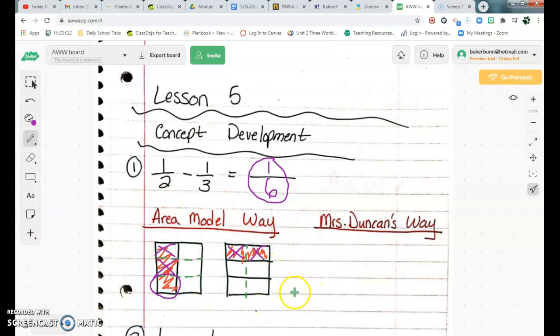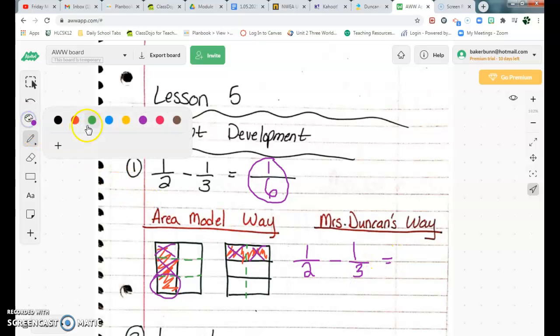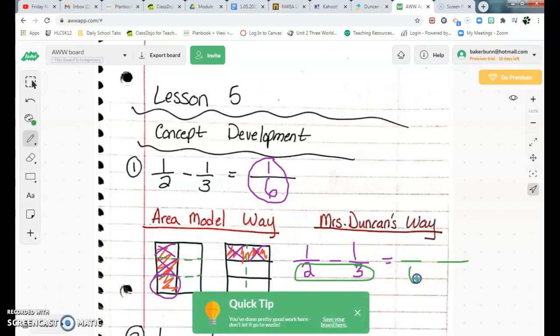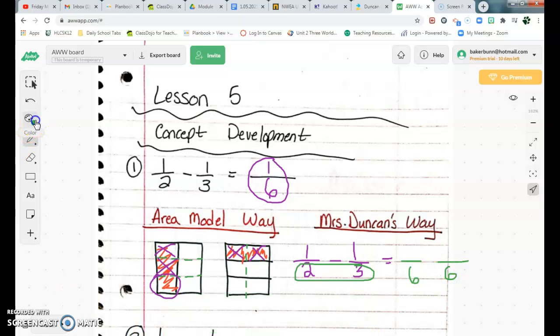Now, my way, you guys already know how to do it. It's with the butterfly method. So I'm just going to write down 1/2 minus 1/3. I'm going to start with the butt of my butterfly, which is down here, which is 2 times 3. That's going to give me 6. And remember when I told you always do the left wing first?